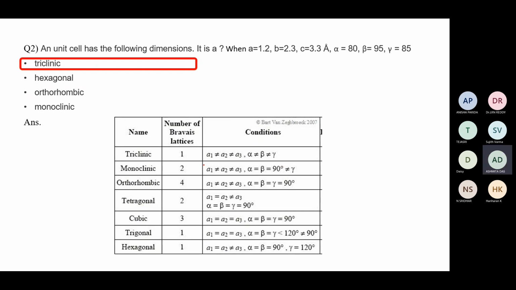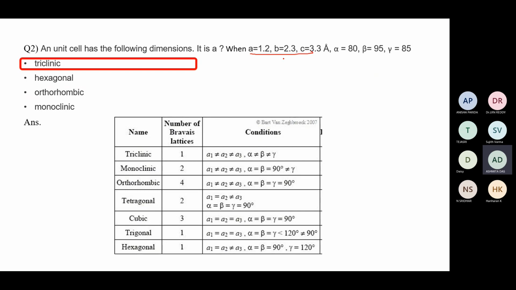So here, as you see, the dimensions are not similar and the angles are not similar. So the unit cell here is triclinic. A, B, C basically denote the edge lengths and these are the internal angles between these edges. So I mark it once.